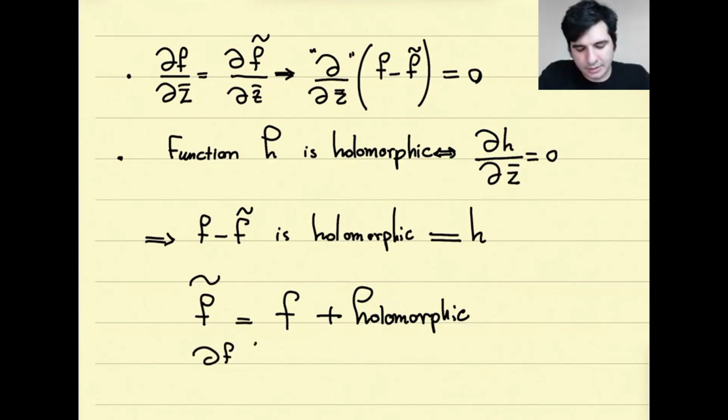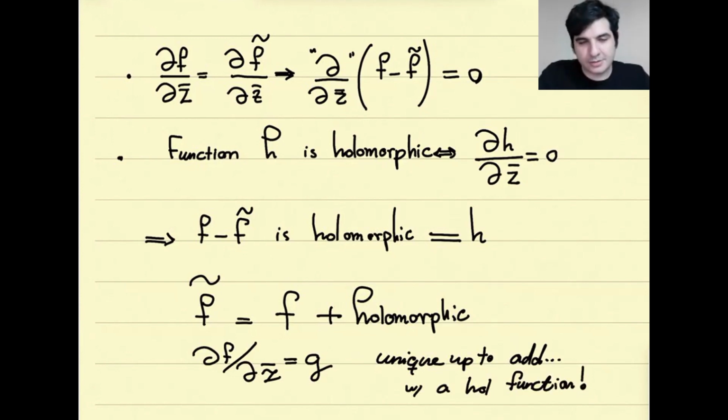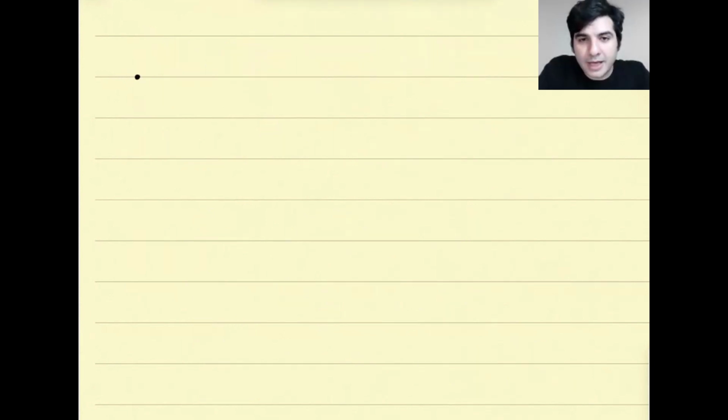So the equation derivative of f with respect to z bar equals g, if it has a solution, the solution is unique up to addition with a holomorphic function. Because if I add the holomorphic function h, the derivative of h with respect to z bar would vanish, so it doesn't affect the equation.